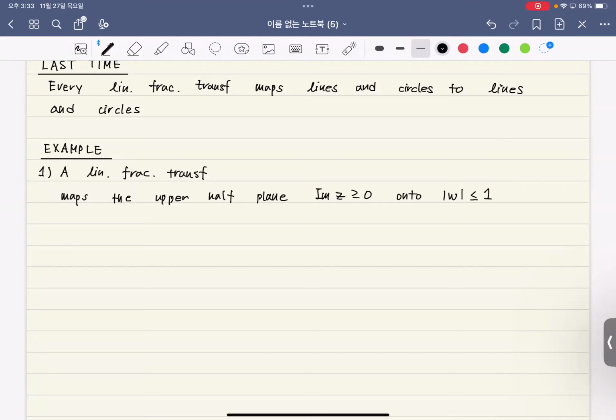onto a unit circle. And it sends the boundary of the upper half plane to the boundary of the image of this guy. And then this is if and only if it equals i times alpha times (z minus z0) over (z minus z bar of 0).